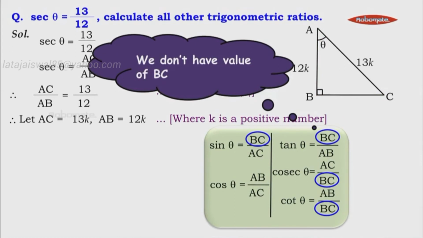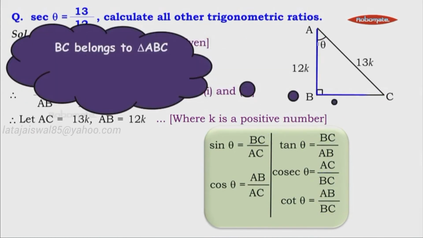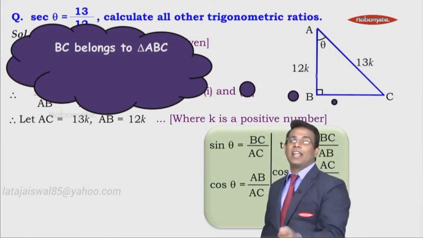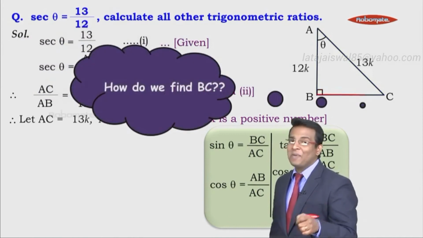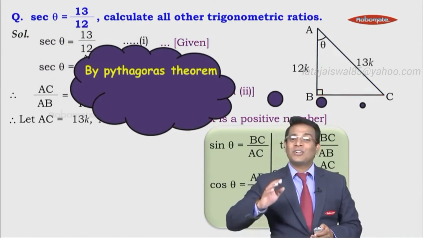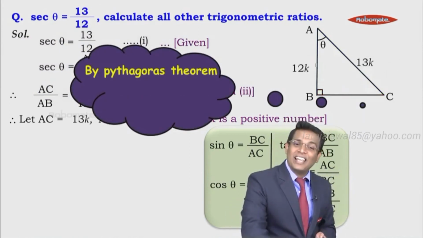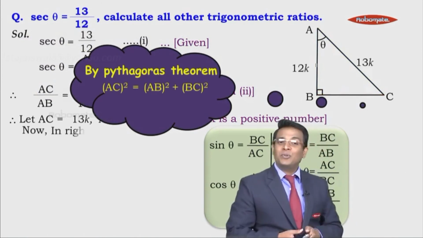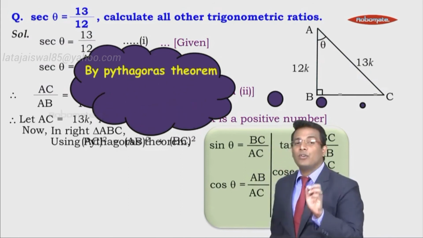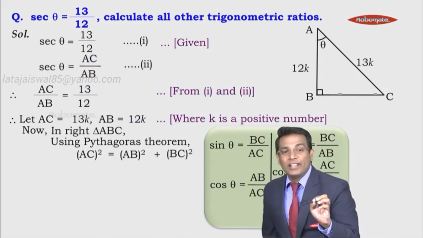So how do we find BC? BC belongs to a triangle ABC and we know that the triangle is a right angle triangle. That means how do we find BC? By Pythagoras theorem. Beautiful. So let's apply Pythagoras theorem here. We'll get AC square is equal to AB square plus BC square. Let's substitute the values which we know. Now we have the value of AC as 13K.